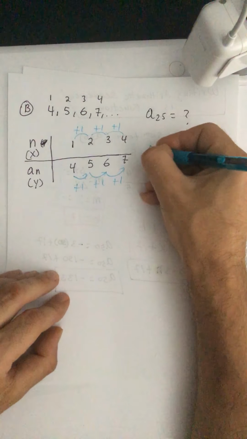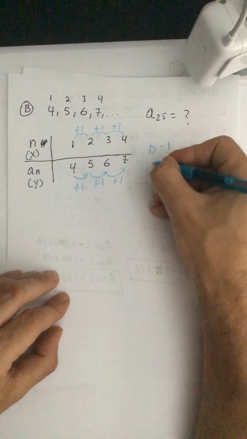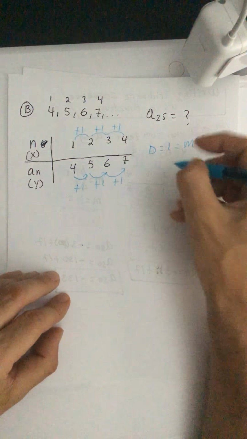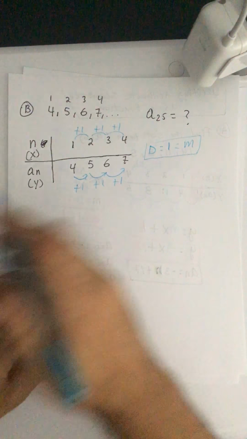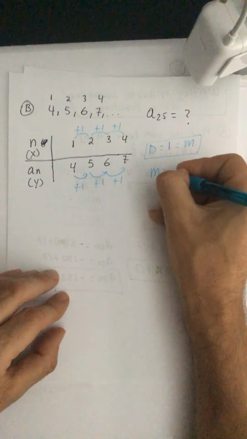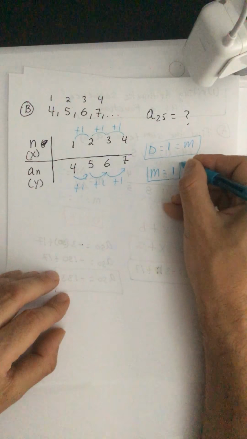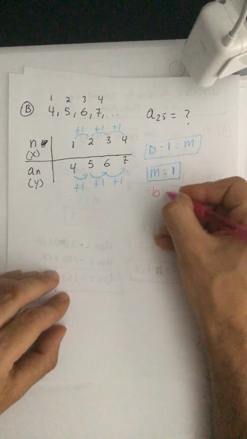So my common difference is 1, which is basically the slope. Common difference is the slope here for an arithmetic sequence. So I got my slope, which is 1. That's my slope. I need my y-intercept. Oh, I need my b.